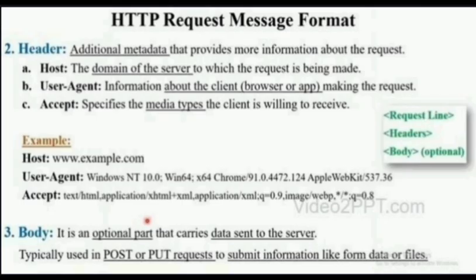Finally, we have the body, which is the third component of the message. This part is optional and is primarily used when the client needs to send data to the server. It's typically included with POST or PUT requests to carry information such as data entered in a web form or the content of a file being uploaded.